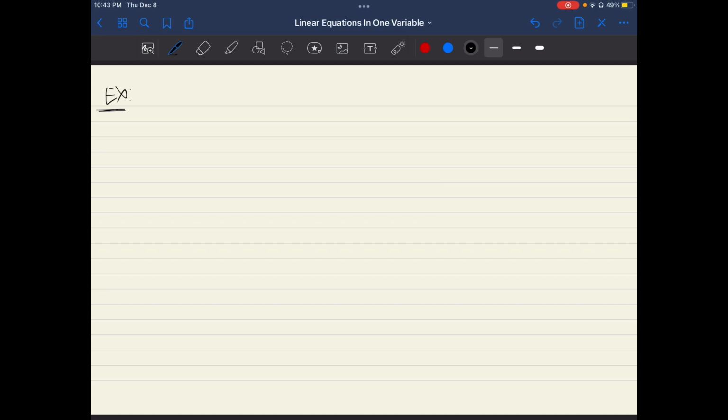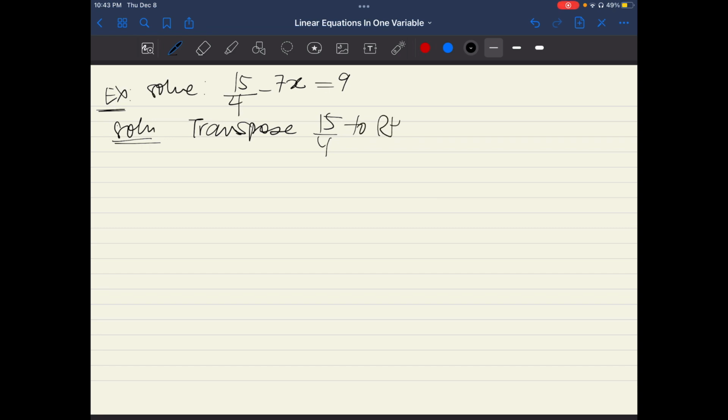Now let's work through another example. Let's solve 15 over 4 minus 7x equals 9. Again, we start with transpose 15 over 4 to RHS.